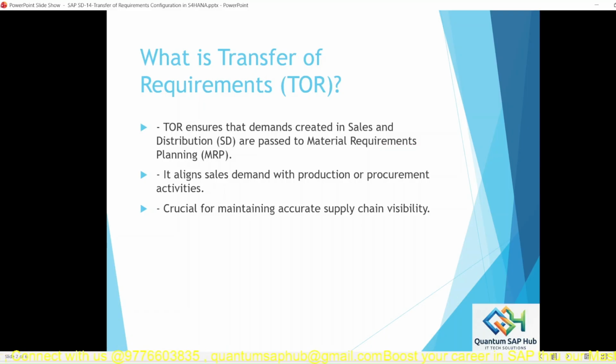Once you transfer to MRP planning, MRP will decide whether this material is produced inside the plant, produced in some other plant, or procured from some other plant, or what other processes are involved.